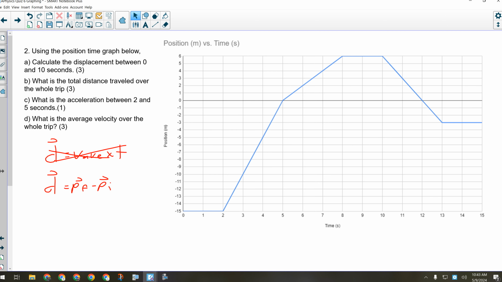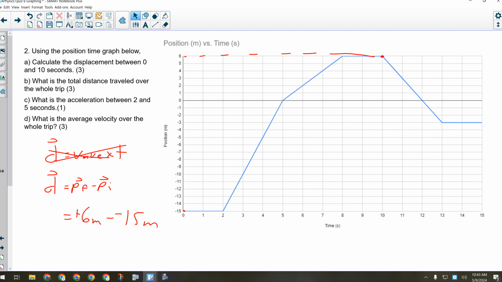That's the process you want to go through. You don't have to memorize, but look at your formula sheet and go, okay, I need to calculate displacement. Displacement's in this formula, I can't use it on that one, I can't use it on that one, but maybe this one. So between 0 and 10 seconds, my final position is positive 6 meters, and my initial position is negative 15 meters.